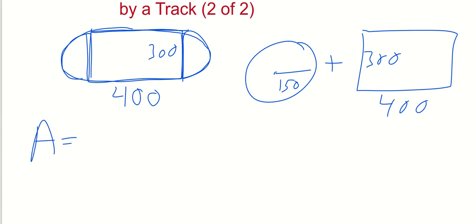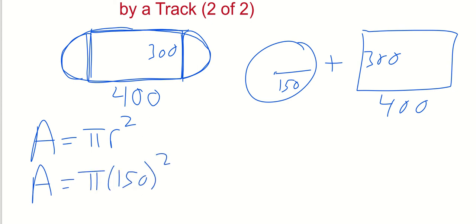And I might have scrolled past it, but the area of a circle is pi times radius squared. So the area of the rink is going to be pi times 150 squared for the circular part. So that's going to be pi times 150 to the second power.